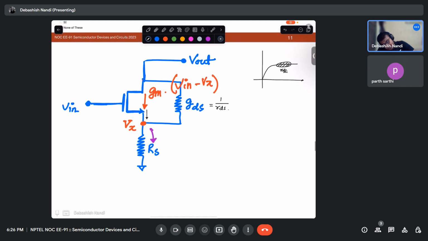So now you see at this place gm. Just let me erase this part and write it clearly. This should be your gm times (V in minus Vx). This is clear, right? Now this current is coming at this node. It is seeing a node, so it can go here or it can flow out.